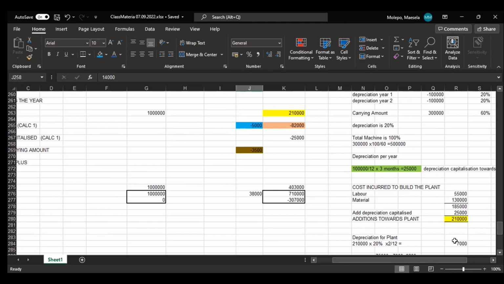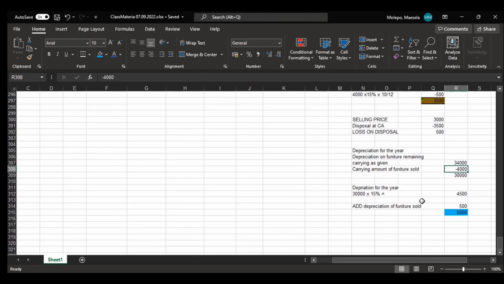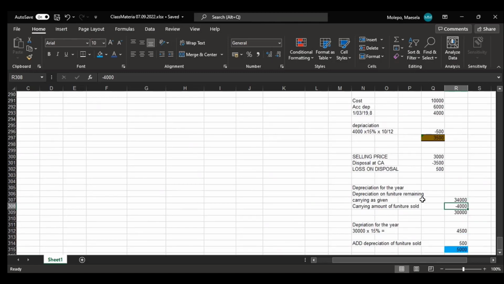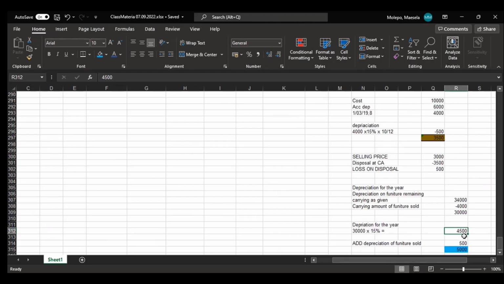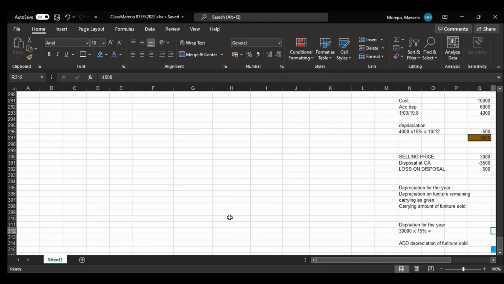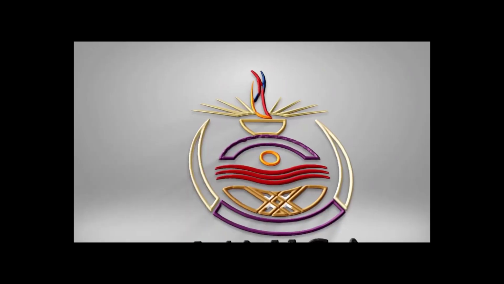You less the accumulated depreciation of the item sold, which was 4,000. This 6,000, you less this 6,000. You remain with 8. Then you add 4.5, because the one sold is gone, it's no longer part of our balance. We're excluding it. So here you're going to have 12.5.